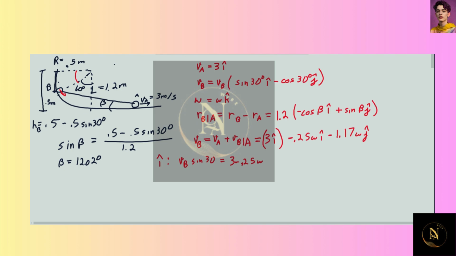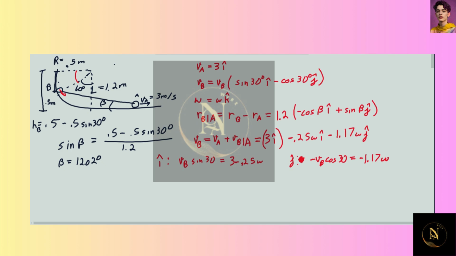If we compare just the j-hat terms, we have a negative VB cosine of 30 degrees equals negative 1.17 omega. And we have a nice system of equations here we can use to solve for either VB or omega.